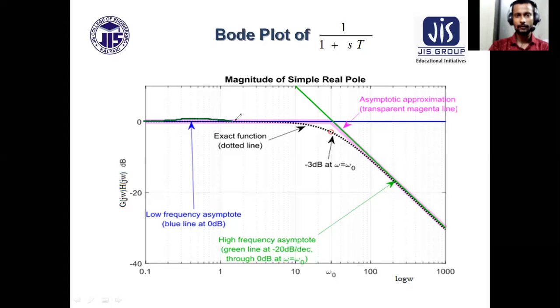For very low frequency, this is the 0 dB axis. See here, again I'm showing you. This is magnitude in decibel. So this axis is the 0 dB axis. And this is 0 magnitude. This is minus 20 dB per decade slope.